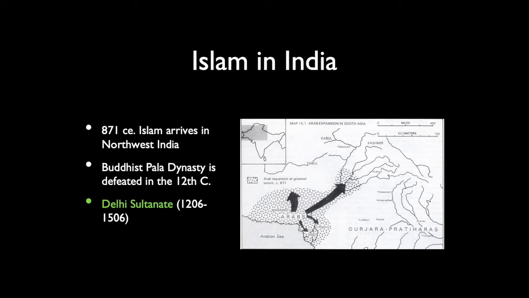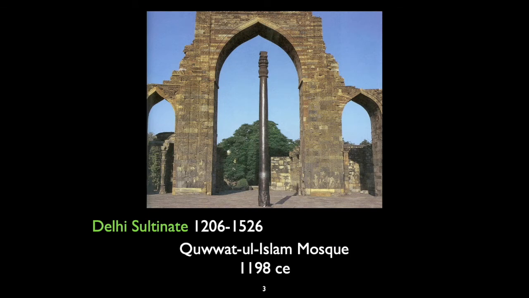The Delhi Sultanate establishes itself in the city now known as Delhi in the north central area of India, and there they very quickly consolidate their power by sort of imposing their will upon the Hindu majority.